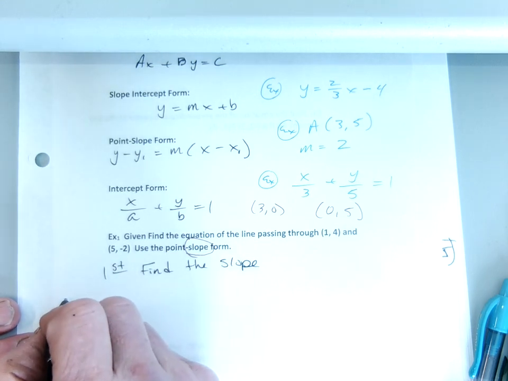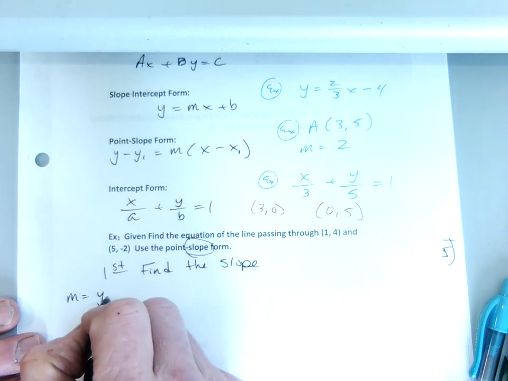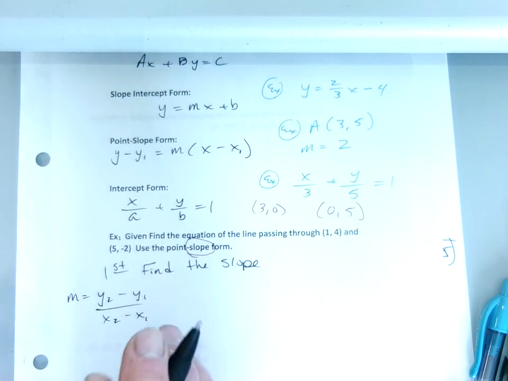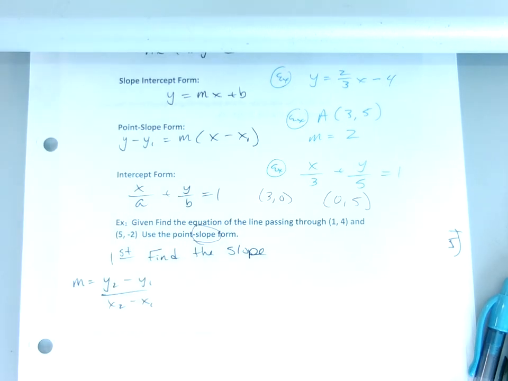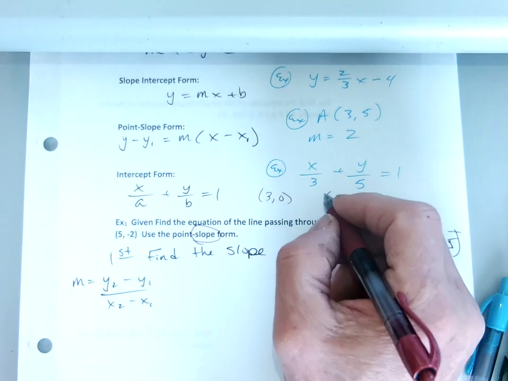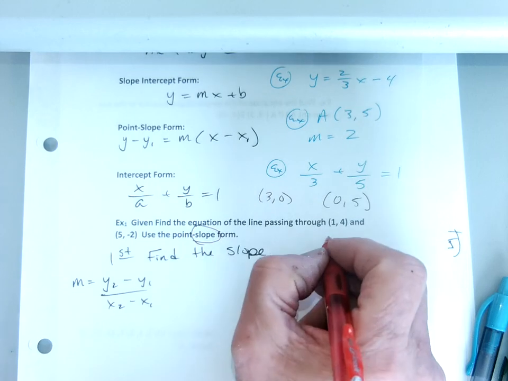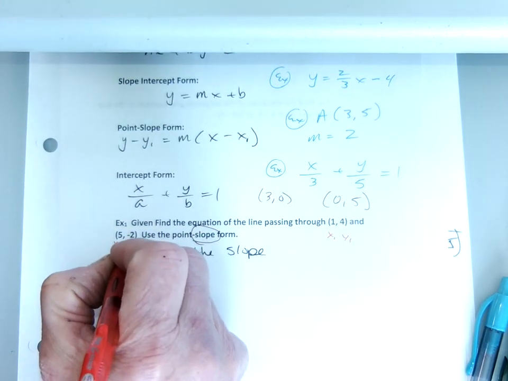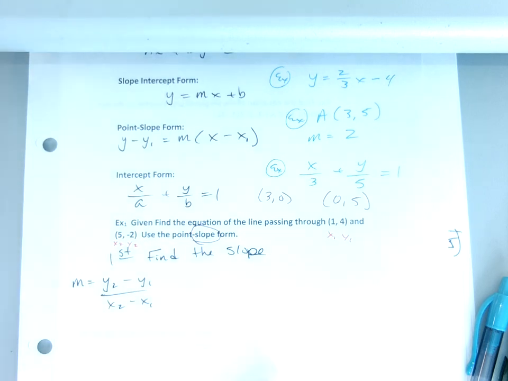I know that the slope formula is y2 minus y1 over x2 minus x1. Every point has an x and a y: x1, y1, x2, y2. That's not squared, it's just the second x value and the second y value.